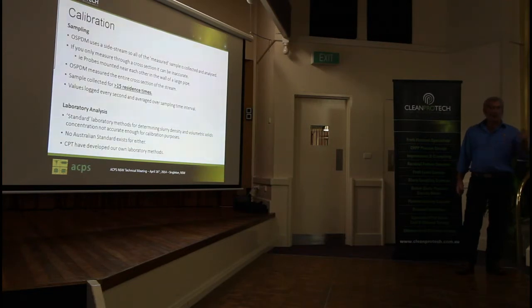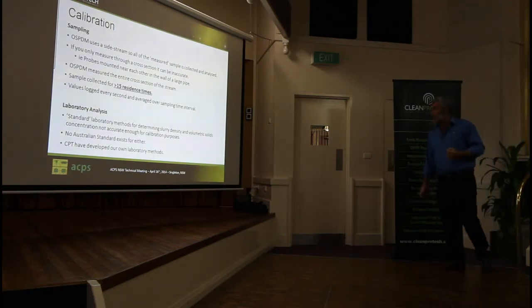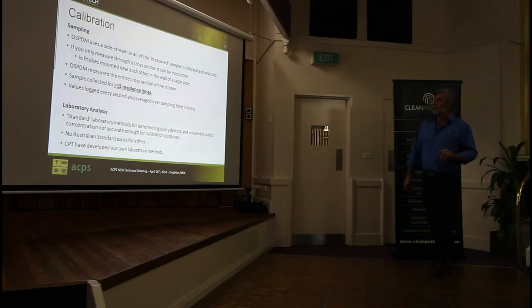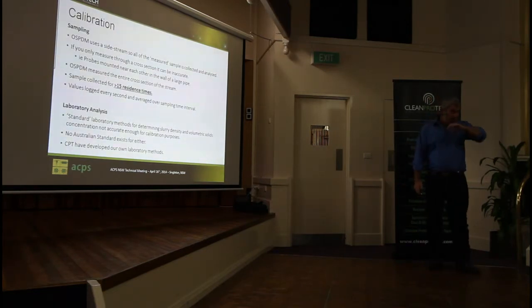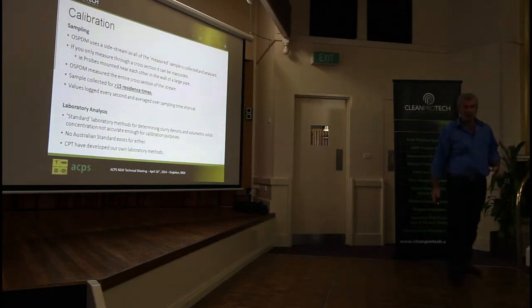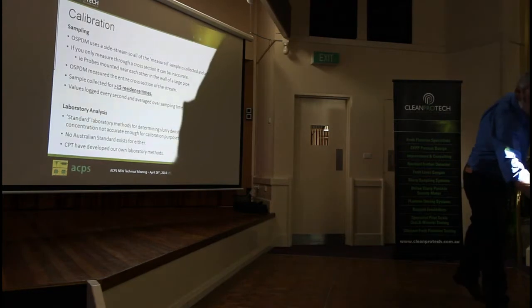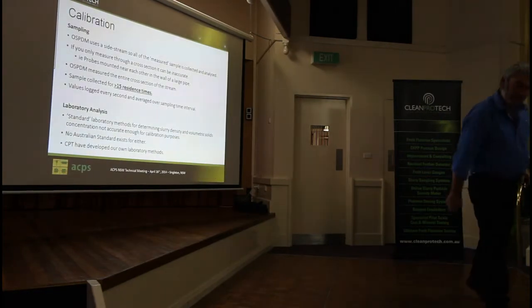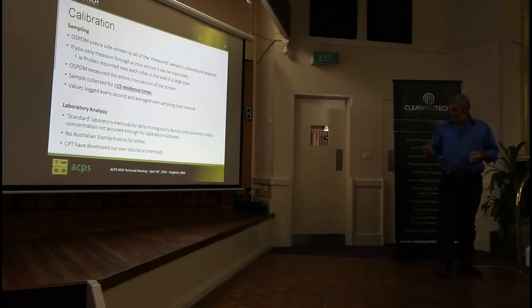I did want to mention a little bit, and it goes with Paddy's talk earlier about the calibration and sampling. With this unit and the calibration, because we're taking a side stream, as I said, we've done a lot of work to see that it is a good side stream. It is accurate. We think we got that quite well, but mind you, that changes situation to situation.